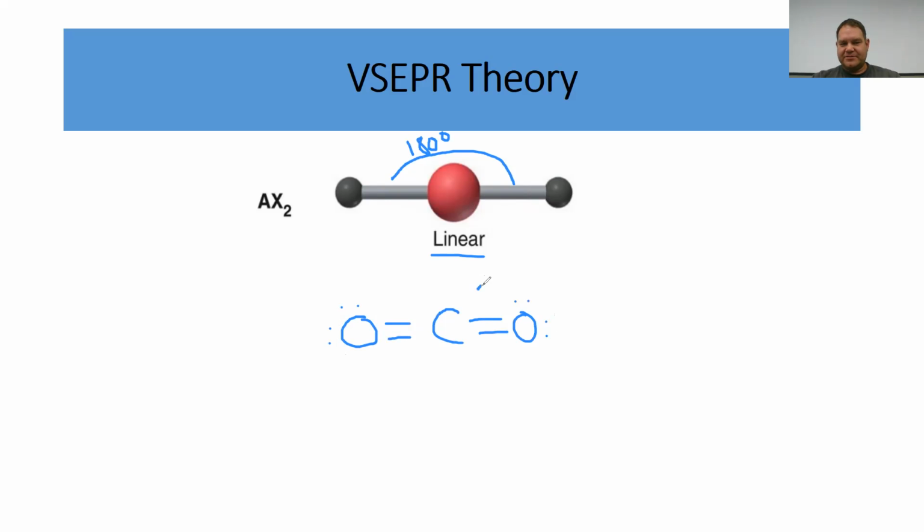So we have one bonding domain here, and we have a second domain here where these two double bonds are. So essentially we have two domains. The furthest these two domains can be from each other is 180 degrees. So therefore, carbon dioxide is a linear molecule, or has a linear geometrical shape. So there's a good example.